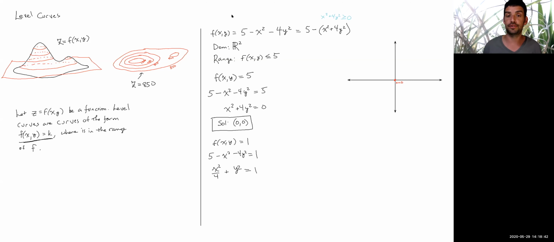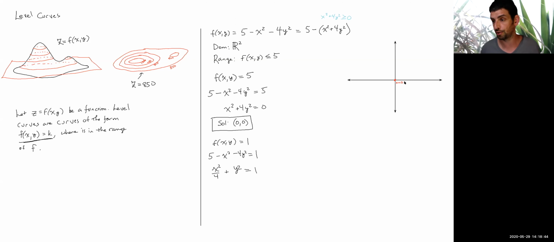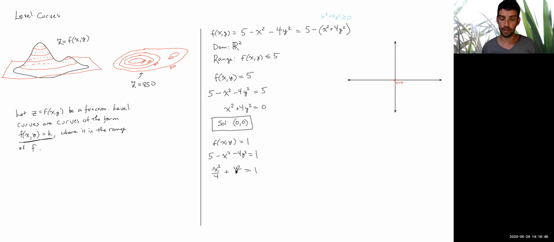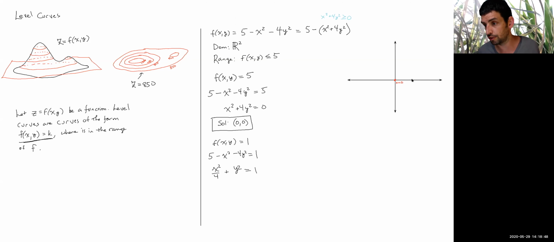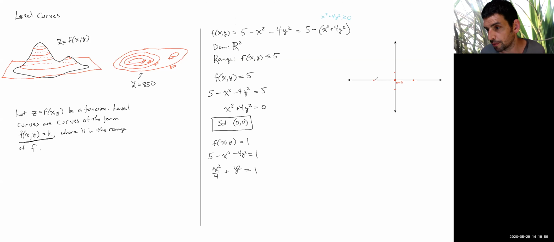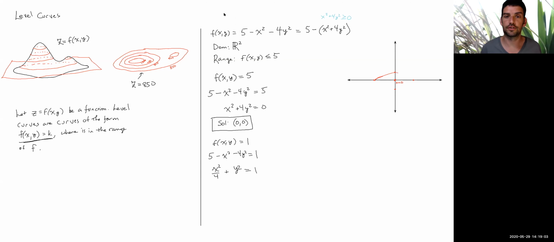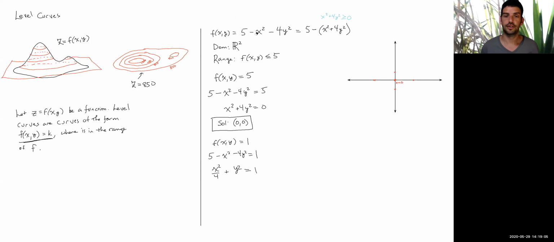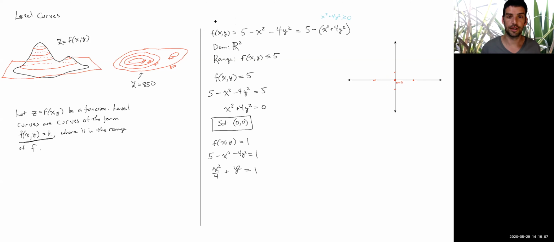This is an ellipse that is going to go through, let's see, when y is 0, x is going to be 2. So let's mark it out here. When x is 0, y has got to be 1. This is maybe not perfect, somewhere about here. Let's see what tools we have.